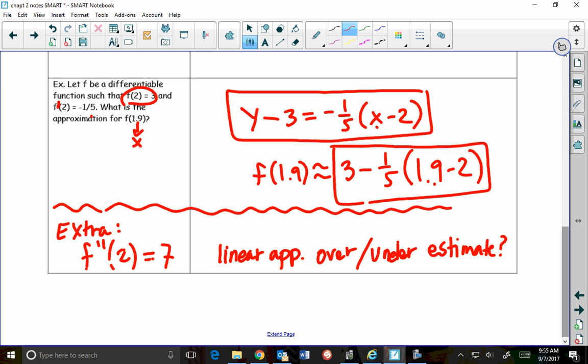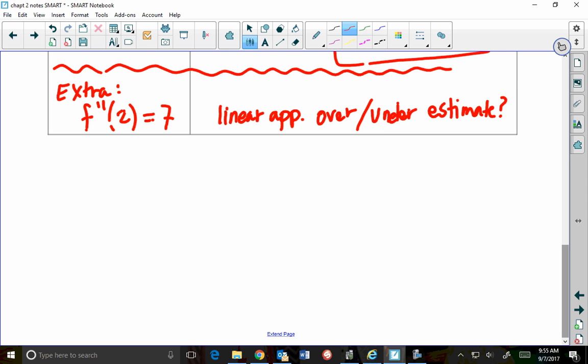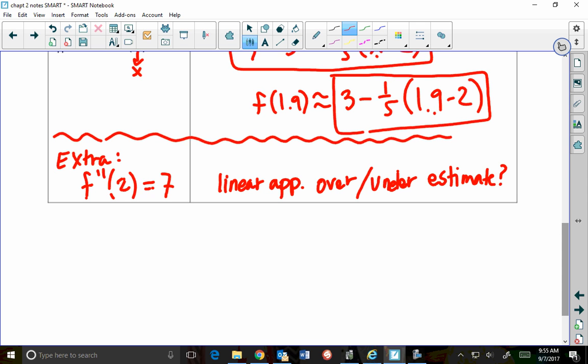Okay? And this is what we're going to start learning. Remember how we talked about concavity yesterday? When the second derivative is positive, it's telling me that I am concave up, shaped like a cup. That's what this piece of information would give me. It's usually like a part B or something, right? So if I am concave up right there, then all of the linear things are what? Under estimates or under approximations.